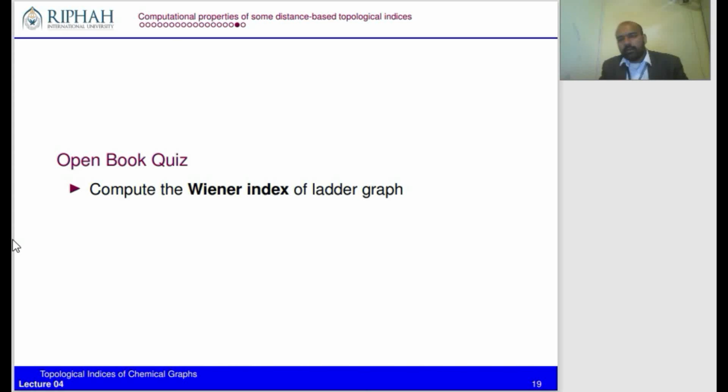For this you can find many techniques for finding the Wiener index and total eccentricity index or other distance based topological indices in other ways. So there is more than one technique to find these distance based topological indices. You can Google and see further literature on this topic.